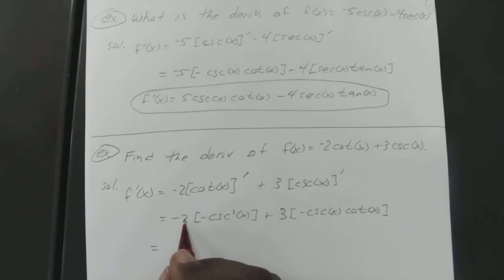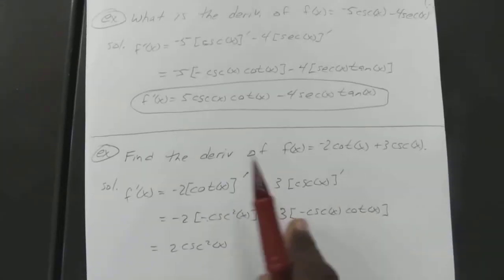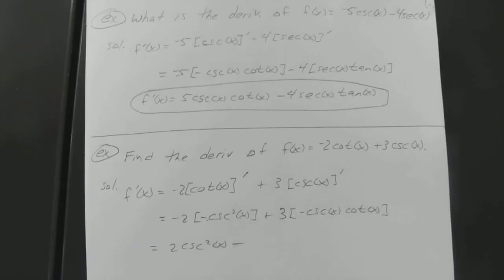Okay, which equals negative and negative is positive, so you come up with 2 cosecant squared of x minus, since that's a negative, we just pull that negative out to the front, 3 cosecant cotangent.